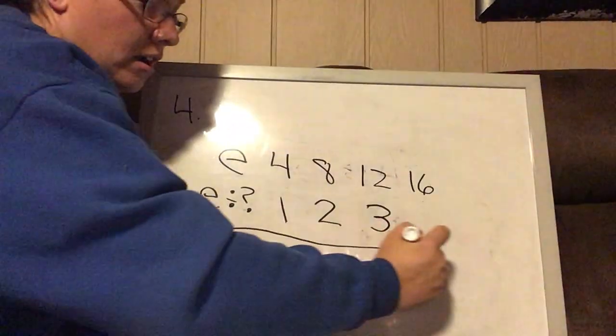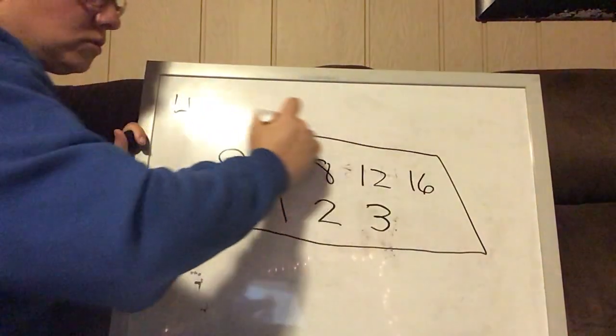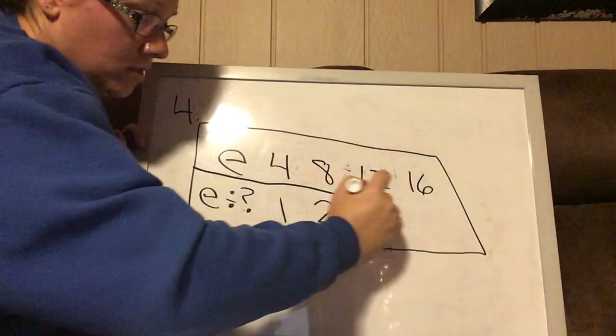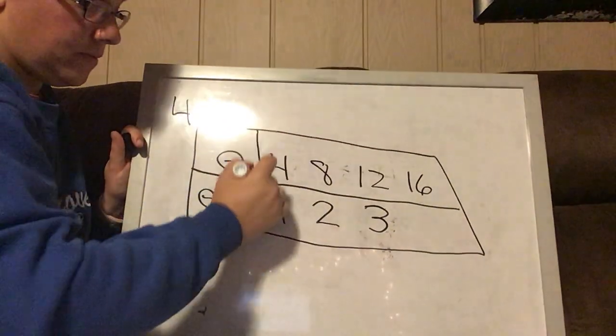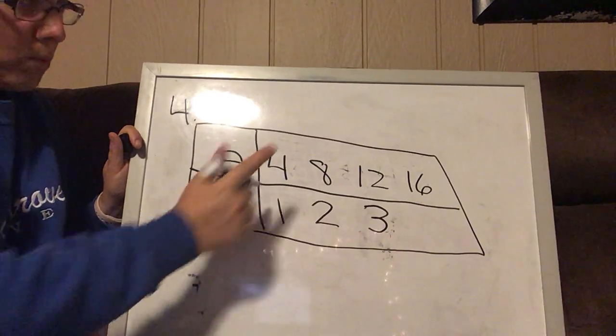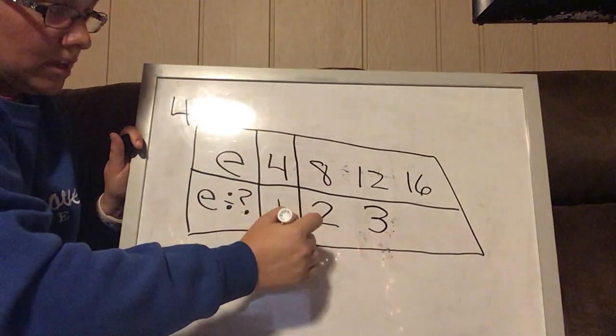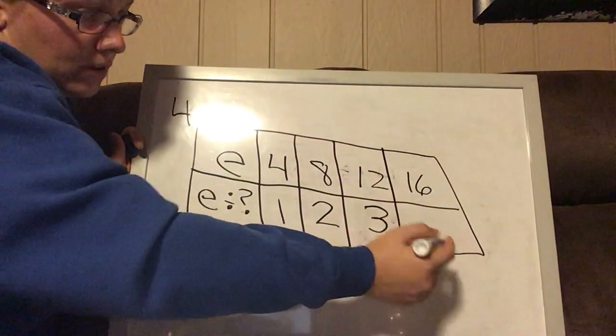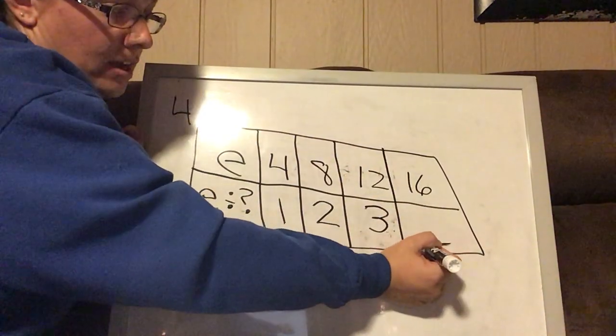I want you to tell me 2 numbers. So you're going to tell me what number is going to complete this expression. E divided by what? And then you're also going to tell me what number would go right here.